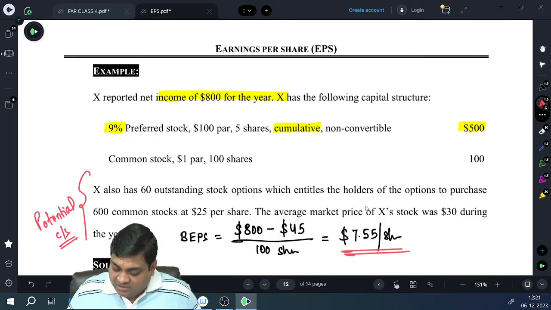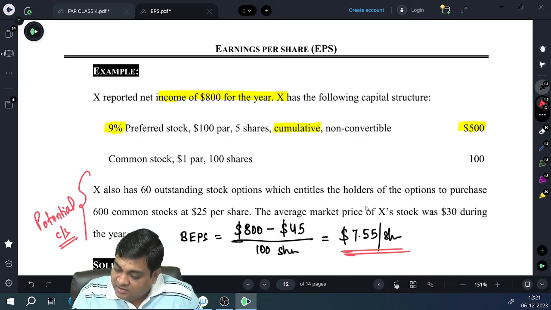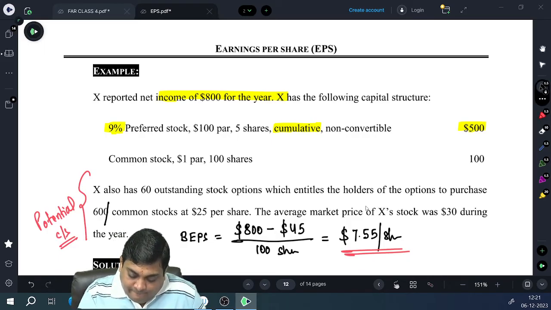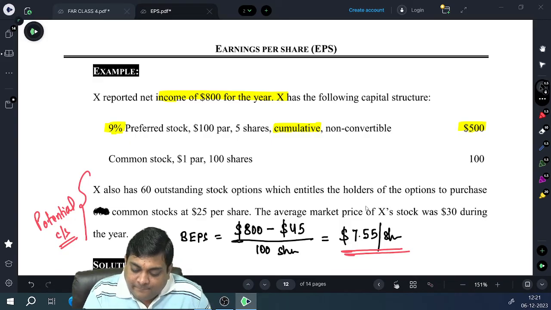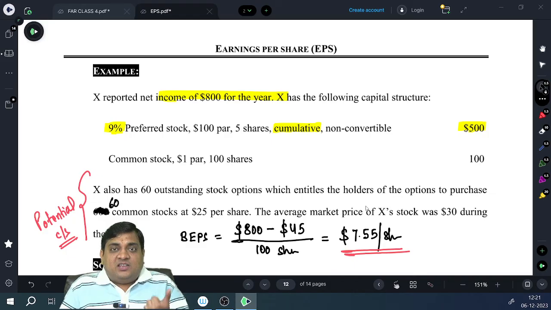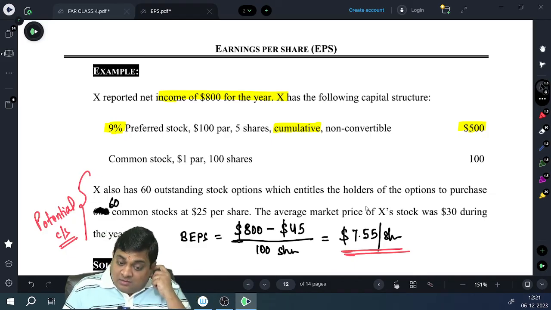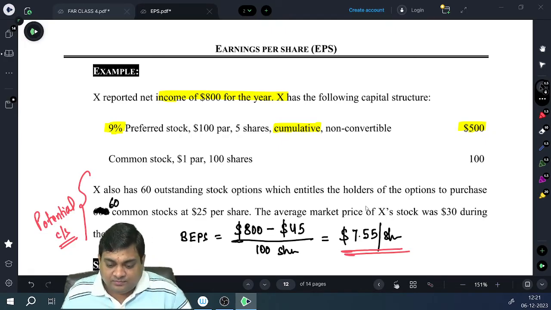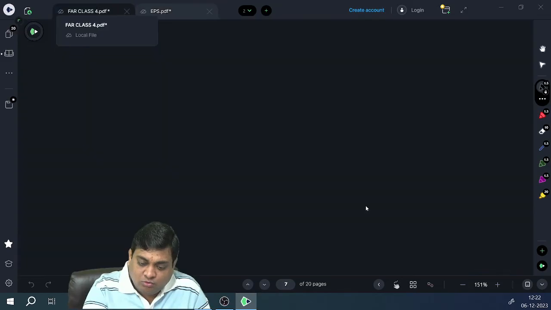There is some printing mistake. It will be 60, not 600. Wait. See, each shareholder can get 1 share as option. Each shareholder can get 10 shares as option, but this figure will be very high. So that is why every stock option entitles the holder to purchase 1 share, right? So let us do it.